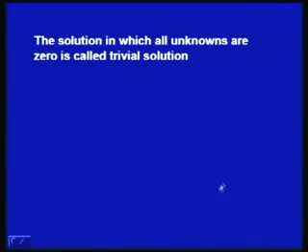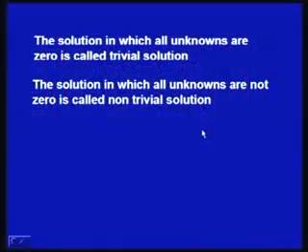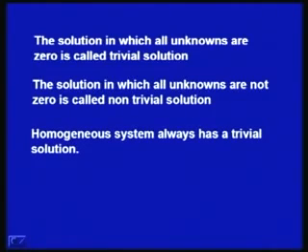The solution in which all unknowns are 0 is called the trivial solution. So a homogeneous system will always have a trivial solution, that is why it is consistent. And the solution in which all unknowns are not 0, some of them may be 0, but at least there is one which is non-zero, then that solution is called a non-trivial solution. So a homogeneous system always has a trivial solution.